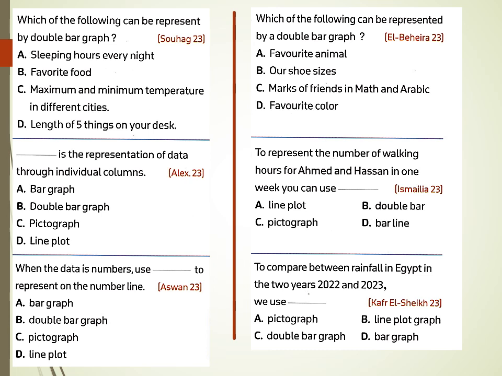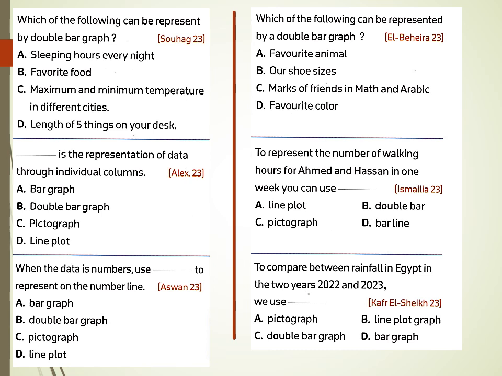Which of the following can be represented by a double bar graph? For a double bar graph, we want two different types of data. Favorite animal, our child size, marks of friends in math and Arabic, or favorite color. The only one that has two different types of data is marks of friends in math and Arabic.